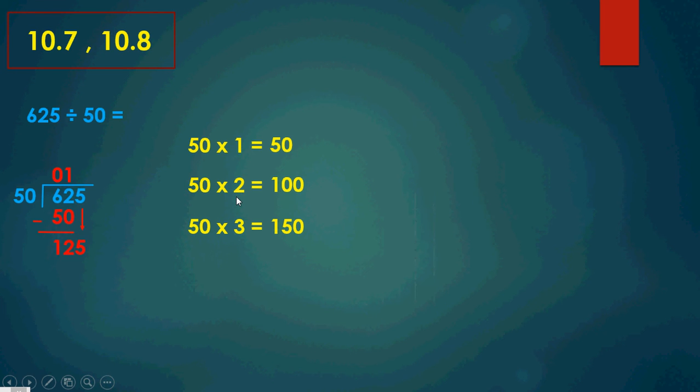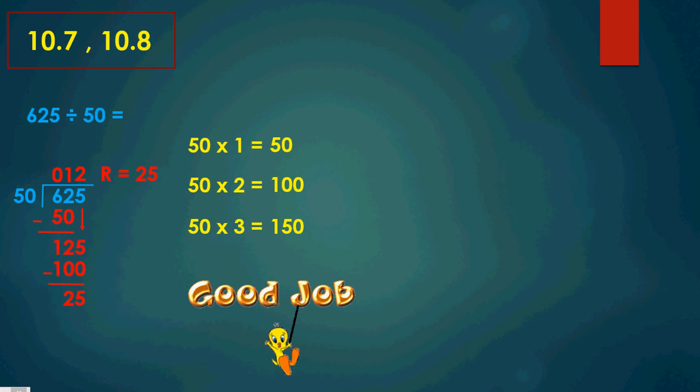I'm going to put the 2 over there, and 50 times 2 is 100, okay? Now, I need to subtract over here, 125 minus 100, and it's 25. Good job. So my remainder over here is 25. Good job, guys.